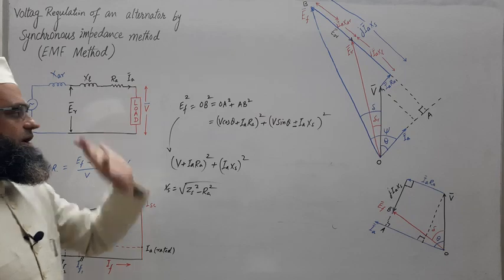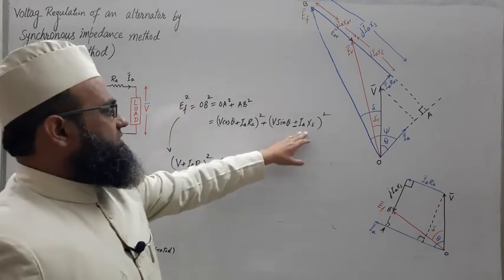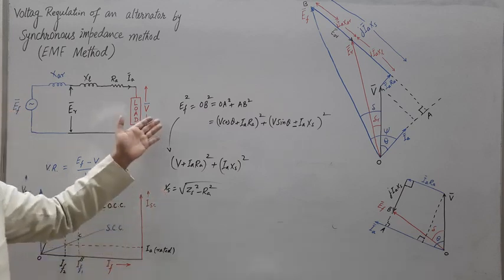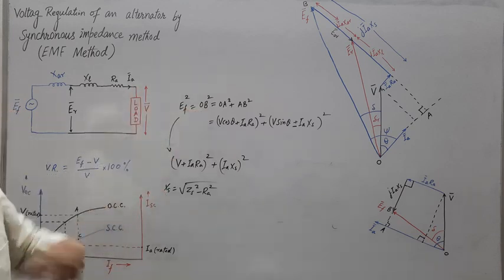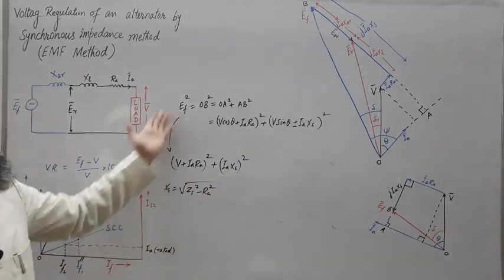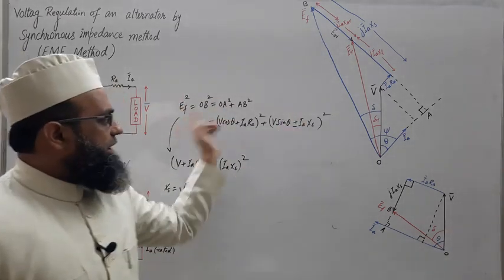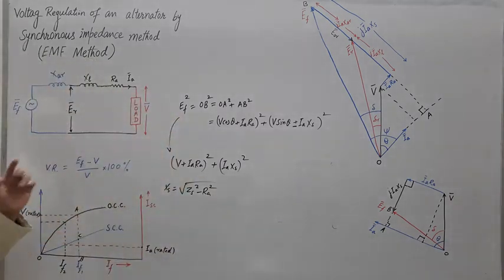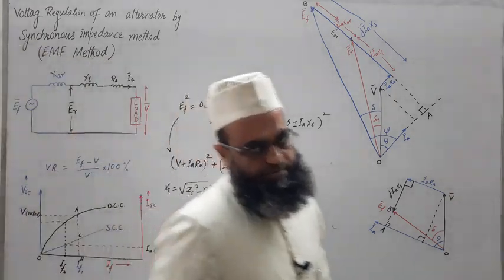Once XS is evaluated, substitute the value of XS in the formulae given for the three cases. For unity power factor case, put here. For lagging, take positive sign. For leading, take negative sign. Once EF is evaluated, use this formula and get the value of voltage regulation asked in the problem.